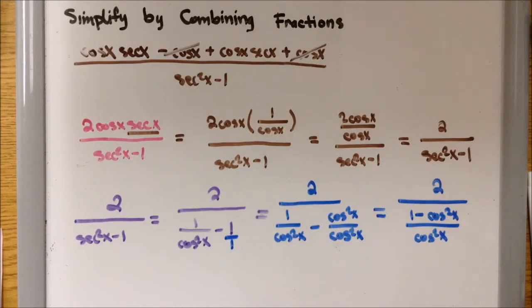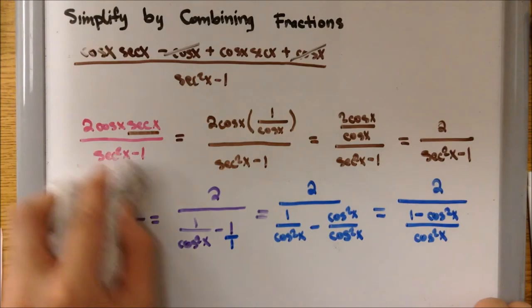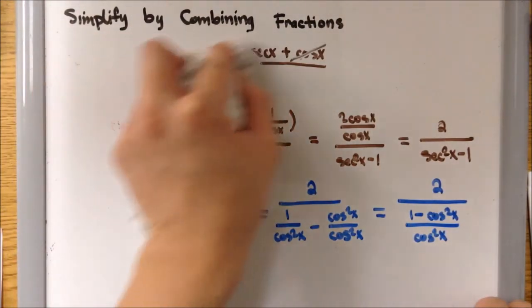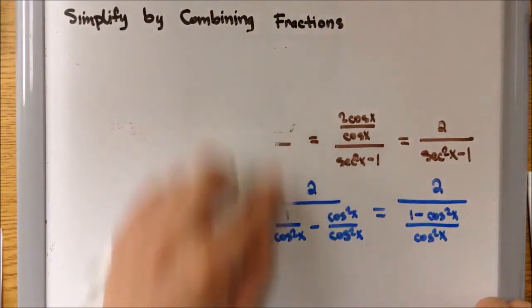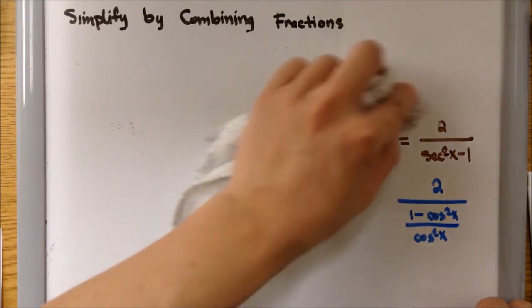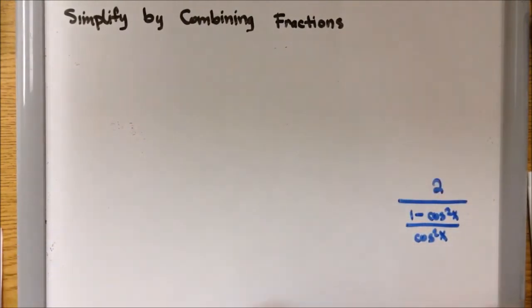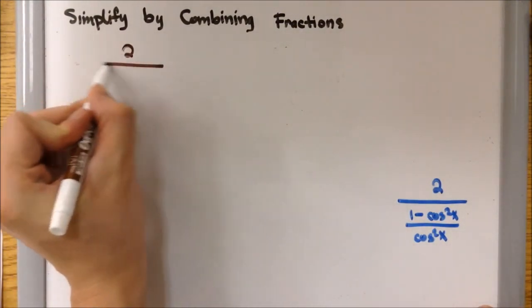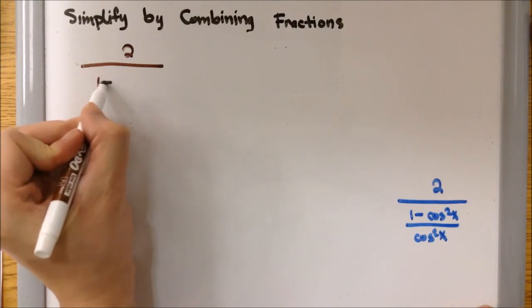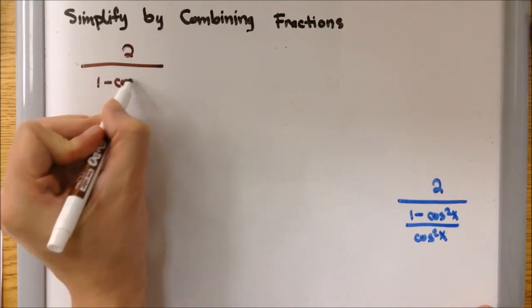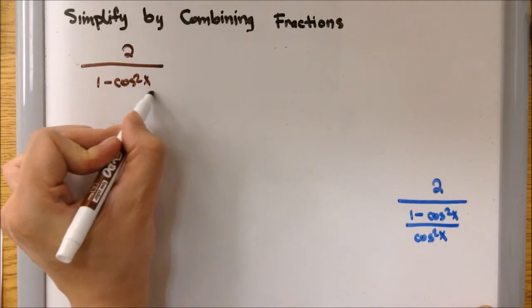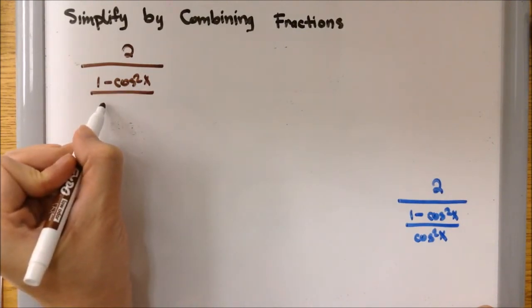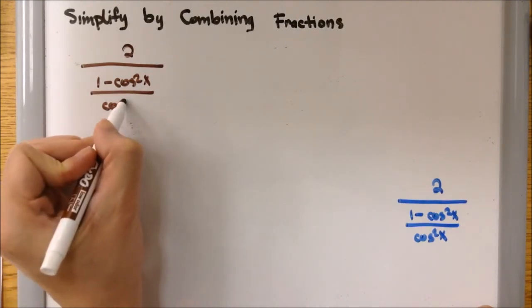Alright, we still can simplify that. I'm going to make more room. So we still have the 2 on the numerator over 1 minus cosine square x over cosine square x.